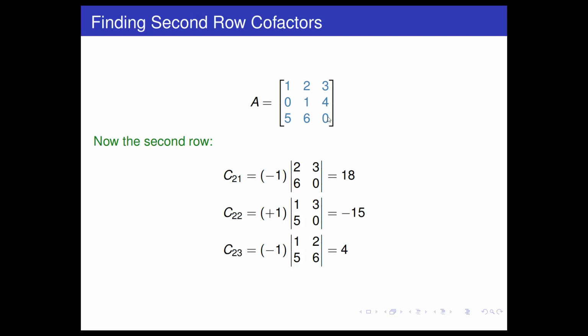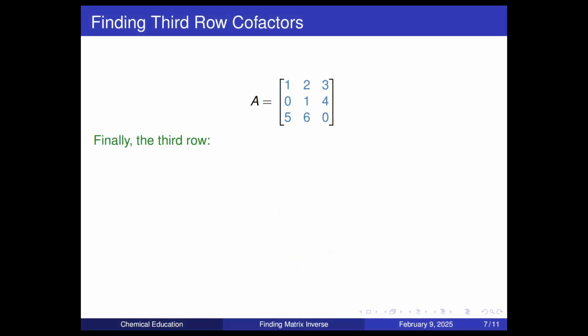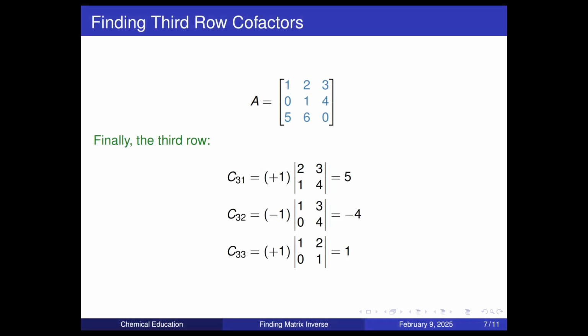Okay, C22, that will be 1, 3 and 5, 0. So that is minus 15. C23 minus 1 multiplied with the determinant, so that is 4. So here multiplied with positive 1. Then similarly third row we'll get C31 5, C32 minus 4 and C33 1.